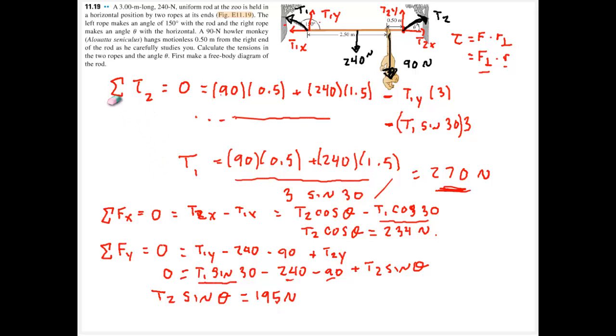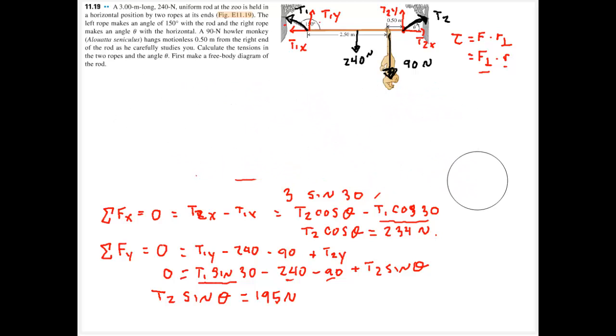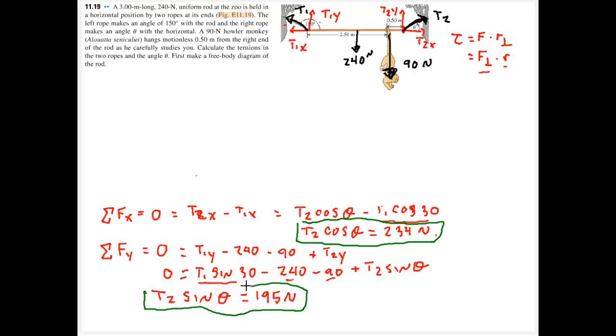So the last thing that I do is I take my two equations here, and I have two unknowns, and I can go ahead and solve these two equations for the unknown quantities.